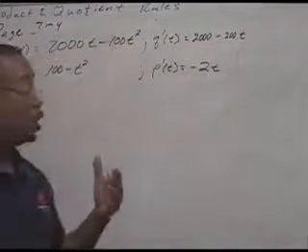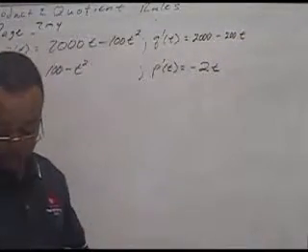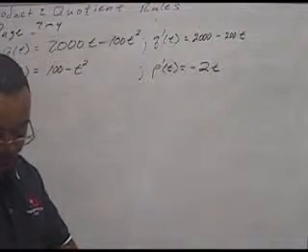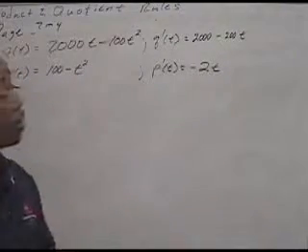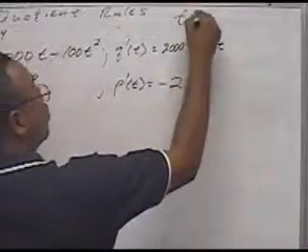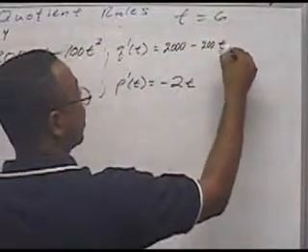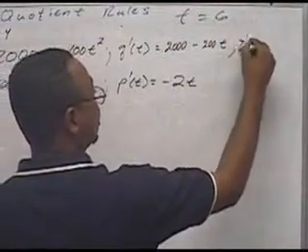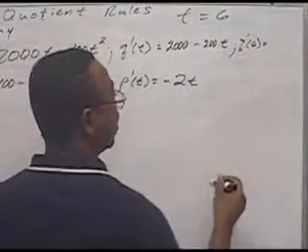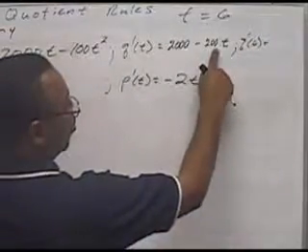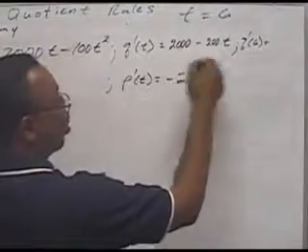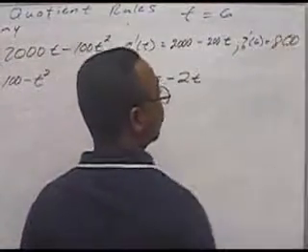Now, they ask, well, what is the rate of change after t months, or 6 months? Well, if we put 6 in here, we'll get 1,200 from 2,000, which is 800.